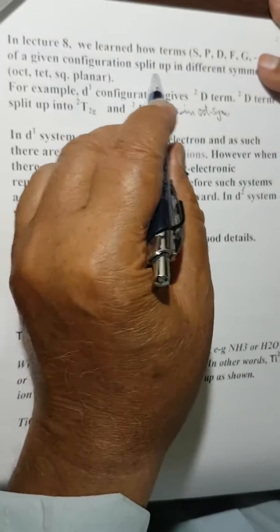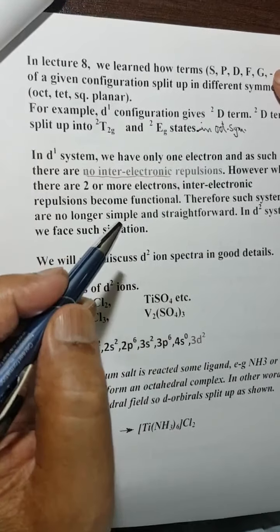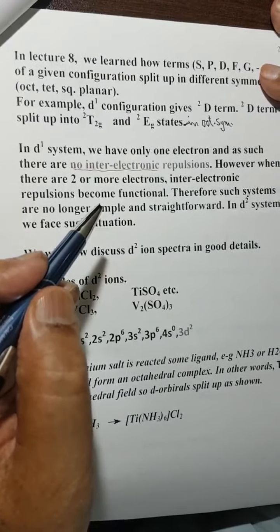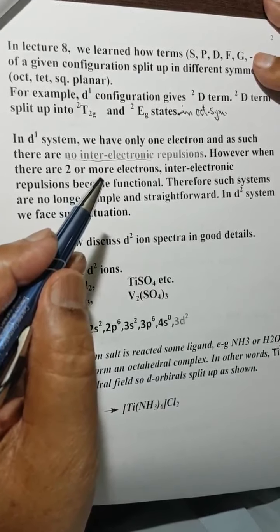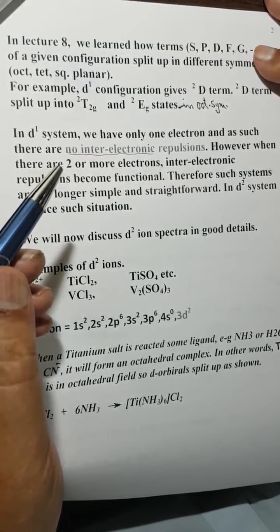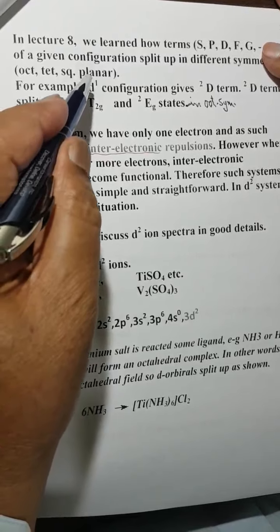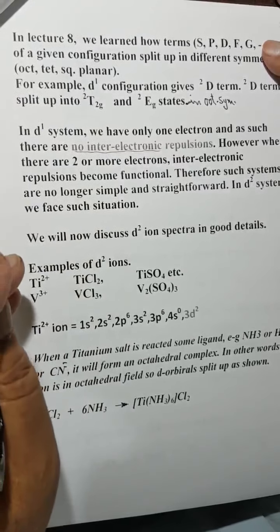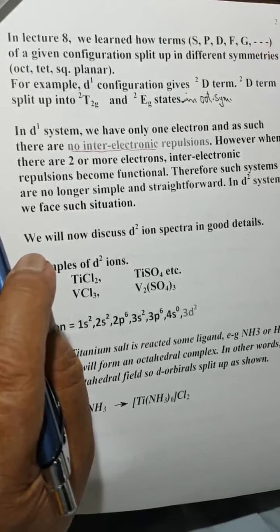If there are unequally occupied orbitals, then they always go into a configuration or symmetry which is more stable. And as a result of this Jahn-Teller effect, instead of getting a pure single band, we get a shoulder. It is very well explained.